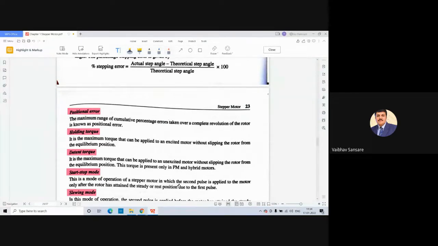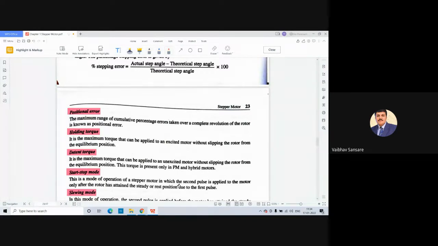That means even when no pulse is applied to the stator winding, magnetic locking between stator and rotor teeth takes place due to this permanent magnet. And whatever torque is required to overcome this force of attraction, or this magnetic locking between rotor and stator, that particular torque is generally termed as the detent torque for a stepper motor.